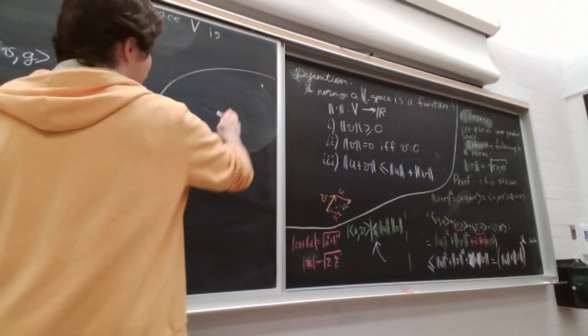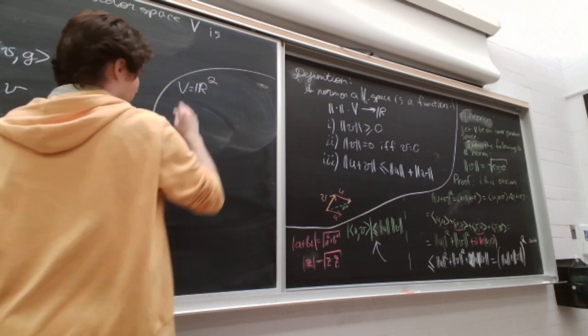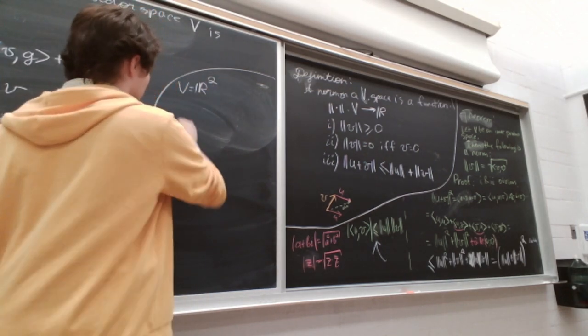So suppose you have R2. R2, that's our vector space. Then I can define the following inner product.